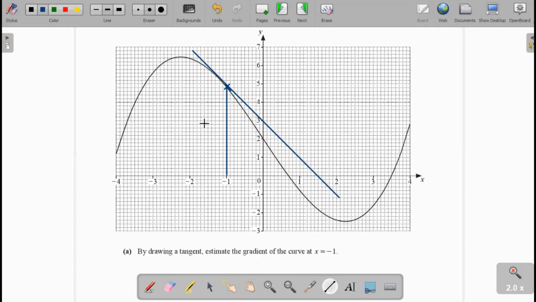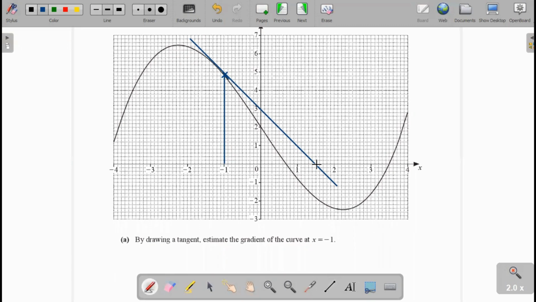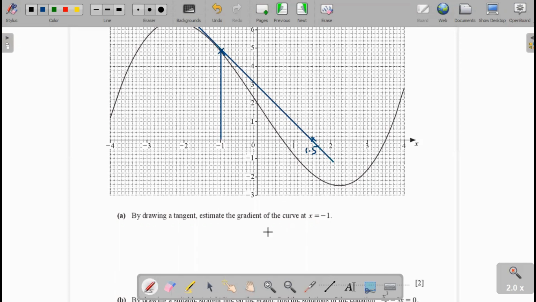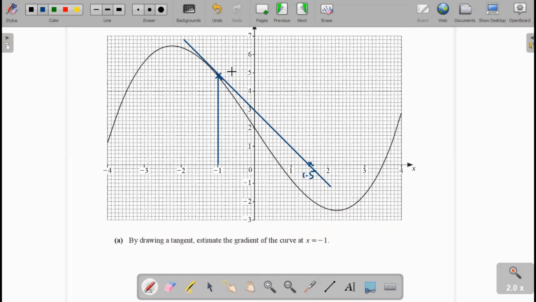Now the gradient of this tangent line, here we count the values. This value is 1, 1.1, 1.2, 1.3, 1.4, 1.5. This value is, I think, 1.5. And this is minus 1. The gradient of this value is, and the value here at this point, we see that this value is 4.2.